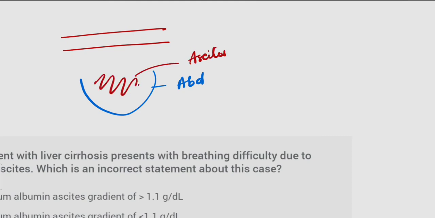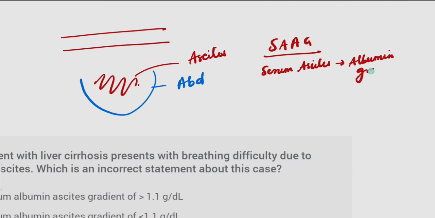So here, what is SAAG? That tells you serum albumin, ascites albumin gradient is what you're seeing basically.